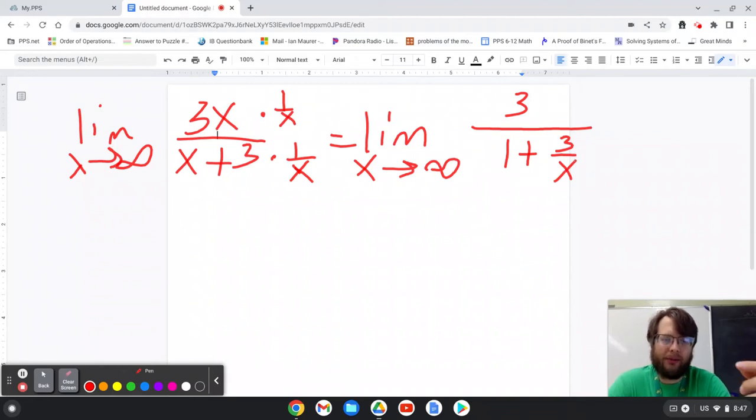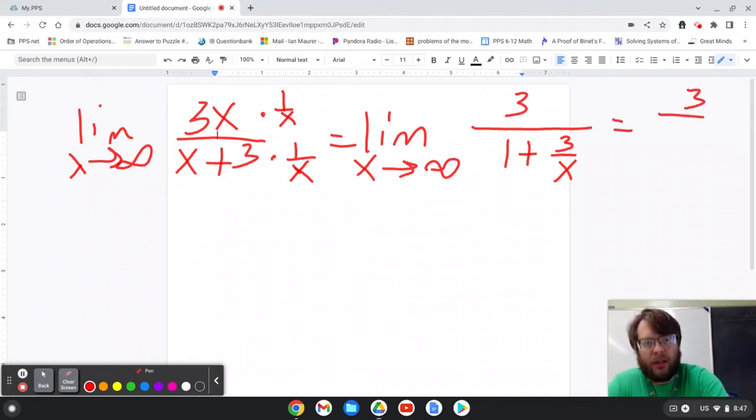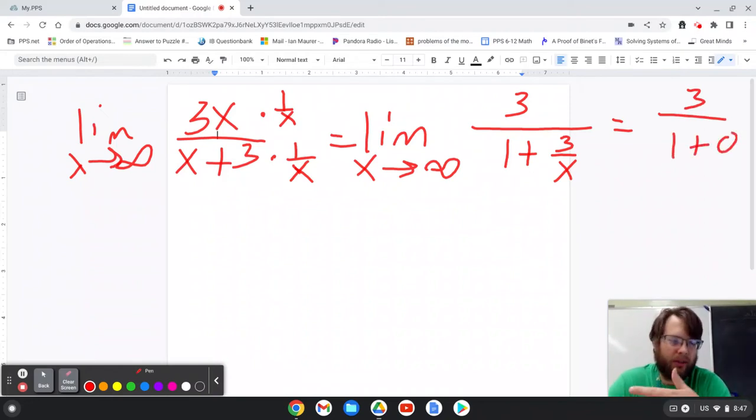And then one of the properties of limits is that you can apply the limit to the top and the bottom of a fraction separately, so long as the bottom limit is not 0, because then you can't divide by 0. So I go to the limit of the top, which is just 3, and the limit of the bottom, which is just 1 plus 0, because 3 divided by a large number gets closer and closer to 0 as the number gets larger, and so the value is 3.